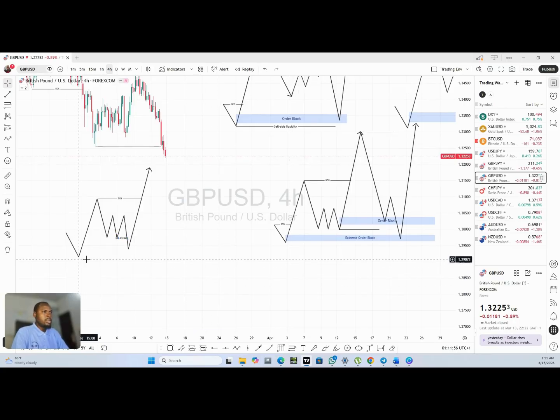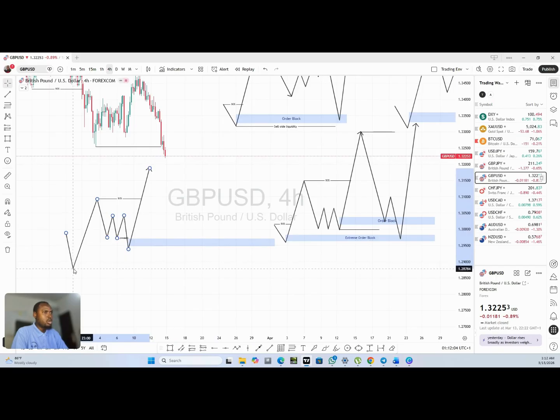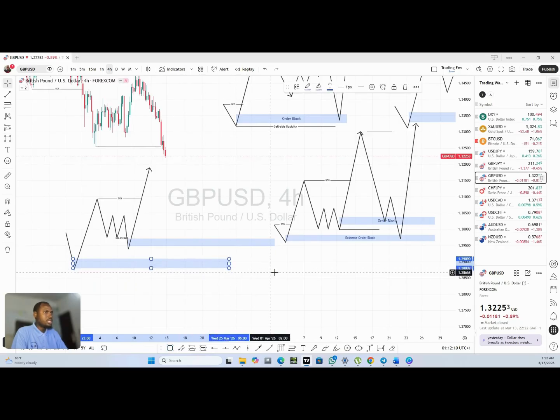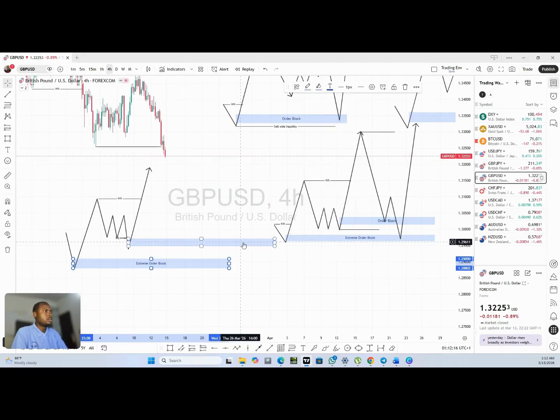So in this scenario too, you are going to use this. You are not going to wait for the market here because you might end up missing the trade. You are not going to use your extreme zone in this scenario.